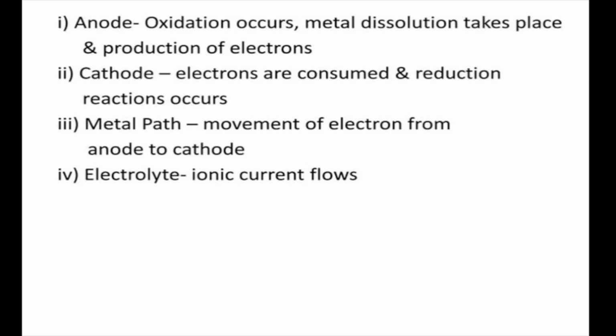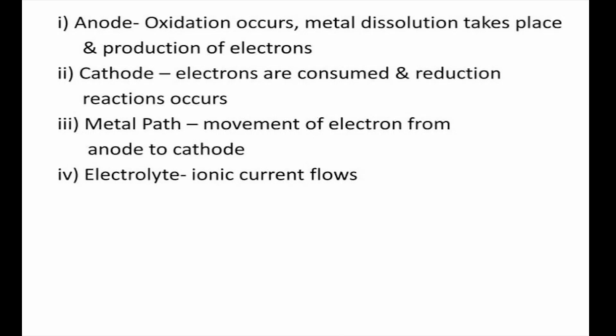Now anode, cathode, metal path and electrolyte are the major components of this type of corrosion. Anode means oxidation occurs here, metal dissolution takes place and electrons are produced. At the cathode, electrons are consumed and a reduction reaction takes place.